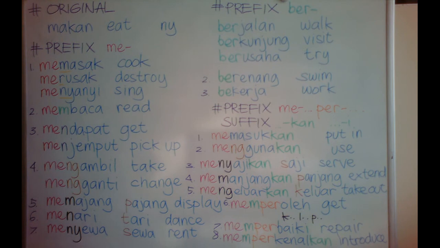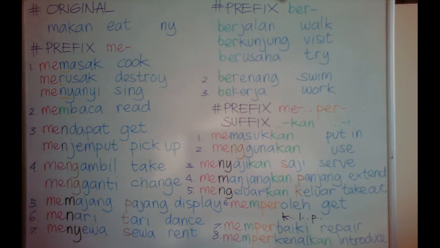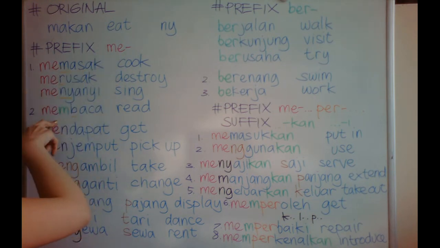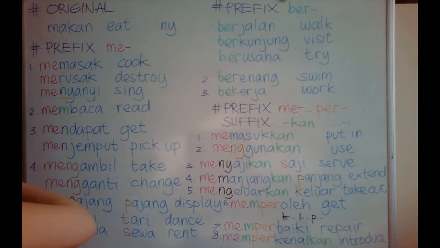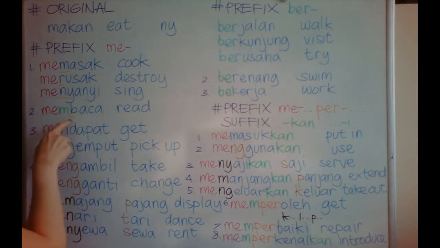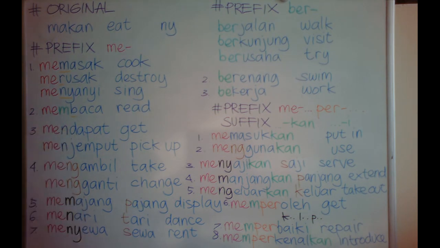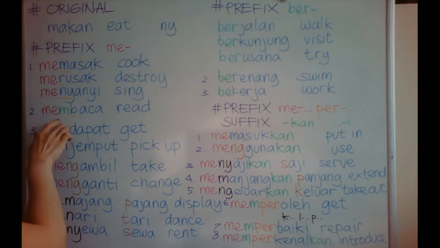Number 2, if it starts with B, we cannot put just the M, but we have to put another letter here, which is M. So if the base word's initial is B, you have to put another M here. So the prefix is not me anymore, but mem. Membaca, read.